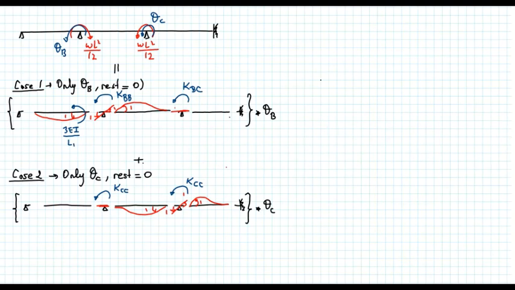The second member, member BC, in order to create that unit rotation, use the slope deflection equation: 2EI over L multiplied by 2 theta B gives me 4EI over L2. And in order to keep that rotation equal to 0, again use the slope deflection equations, and then we will get 2EI over L2. Okay, transfer them to the node.